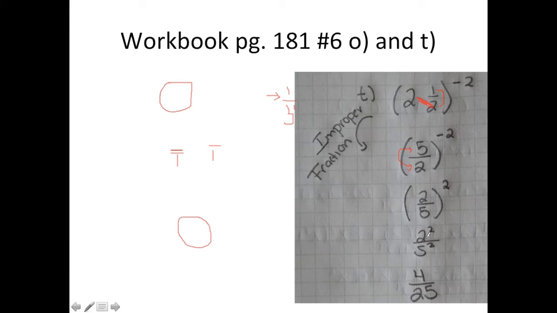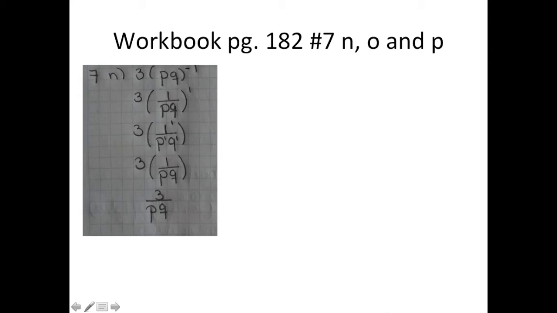So that's why I have 2 to the 2 over 5 to the 2. And 2 to the 2 is 4, and 5 to the 2 is 25. So my final answer is 4/25.